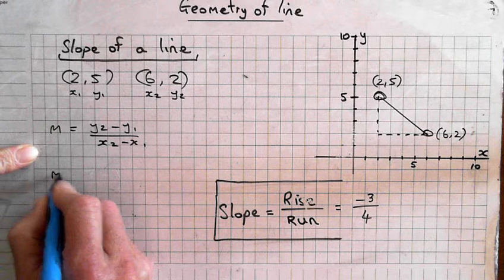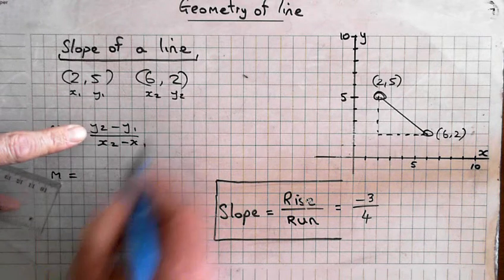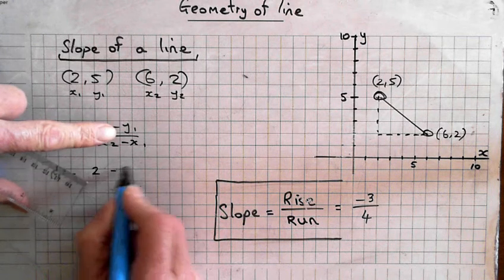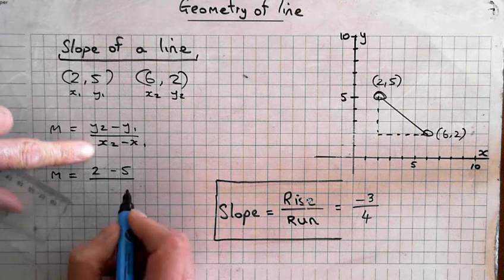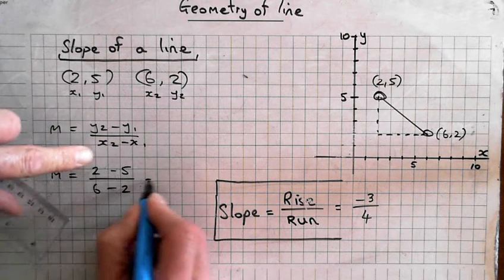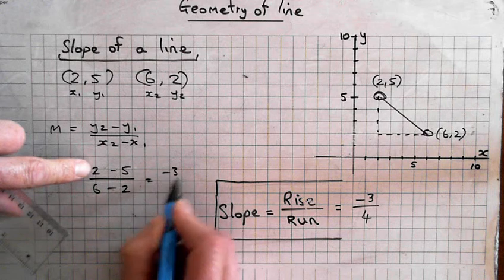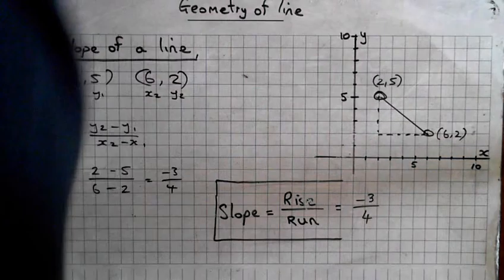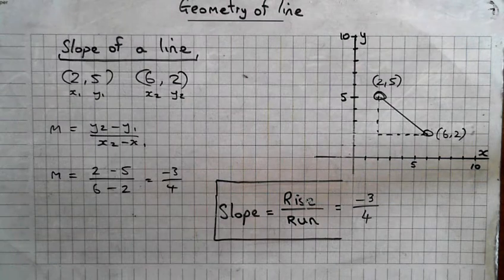First of all, m is equal to y2, which is 2, minus y1, which is 5, over x2, 6, minus 2. So that's minus 3 over 4. Same answer. Is that okay so far? One more example? Was that okay?